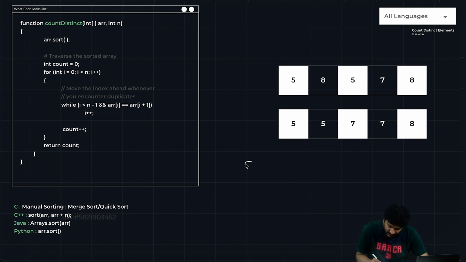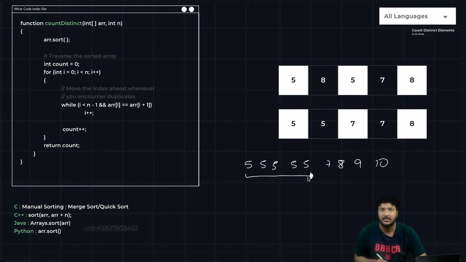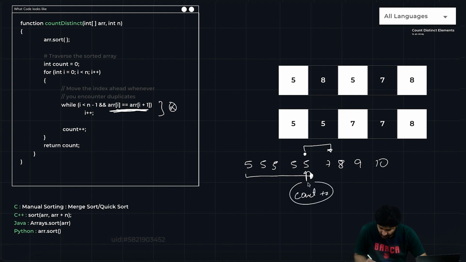Let's say the array was like 5, 5, 5, 5, 7, 8, 9, 10. You would have been stuck in the while loop starting from here till here, because this condition would have been satisfied, and finally from here and here it would become unsatisfied. So for the first time you will increase the count, because you just come out of the while loop and then do count plus plus.